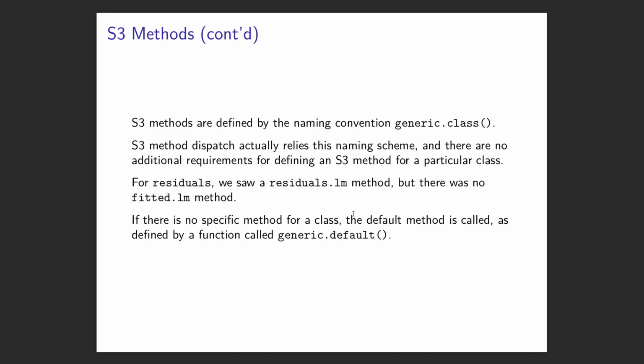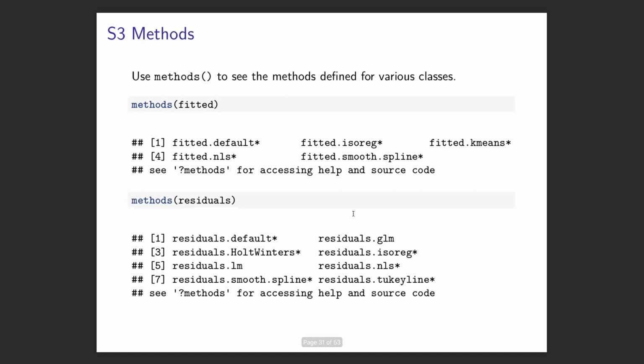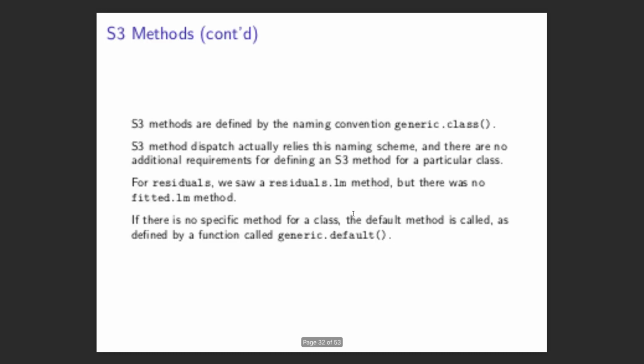So residuals.lm is just the name of a function for the method for lm, and fitted.lm is the same thing for, oh, we actually saw that there was no fitted.lm, so that's another thing. If I called fitted on an lm object, well, I can see there's no specific method called fitted.lm to use for lm objects.